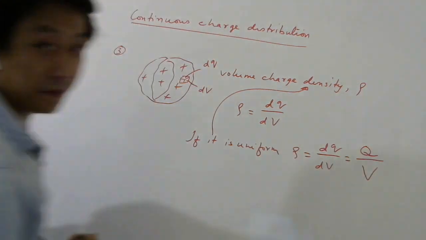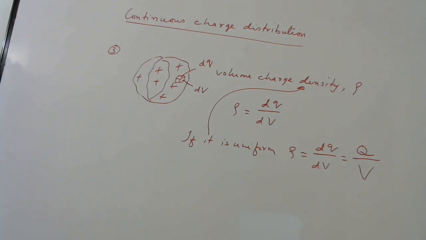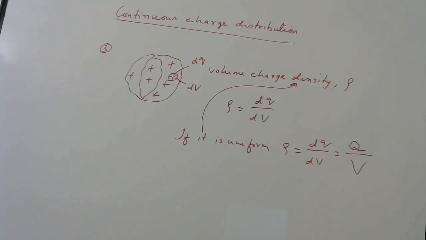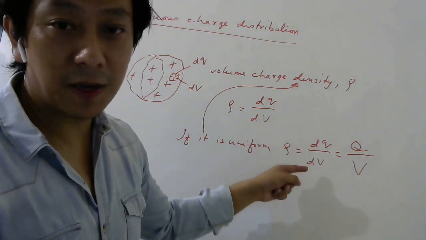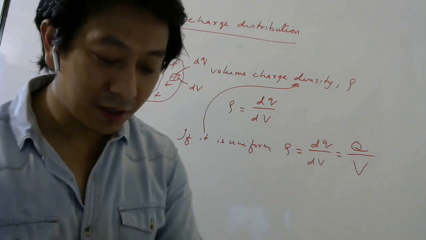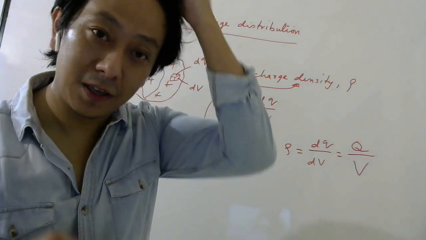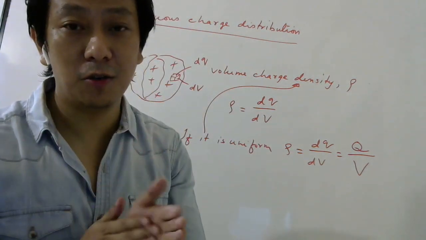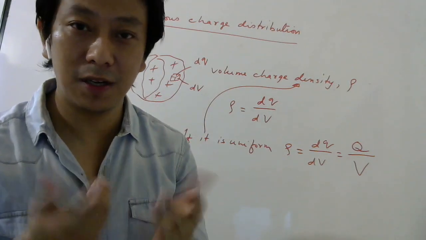It's like if you run uniformly, whether you divide small distance by small time or total distance by total time, you will always get the same velocity. If your velocity is constant, you will get the same answer.